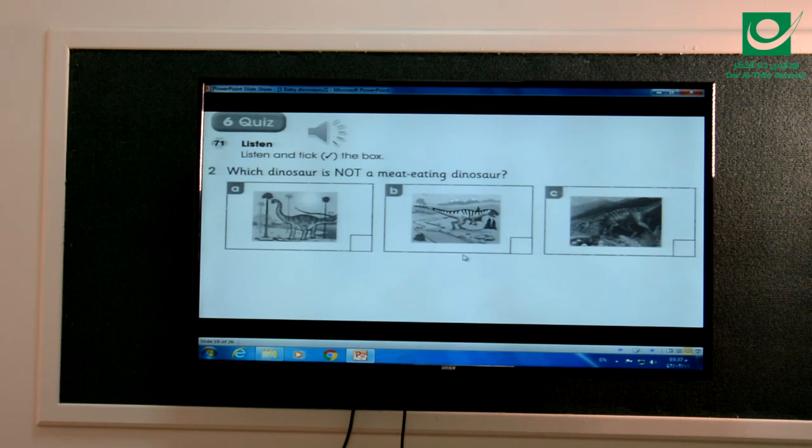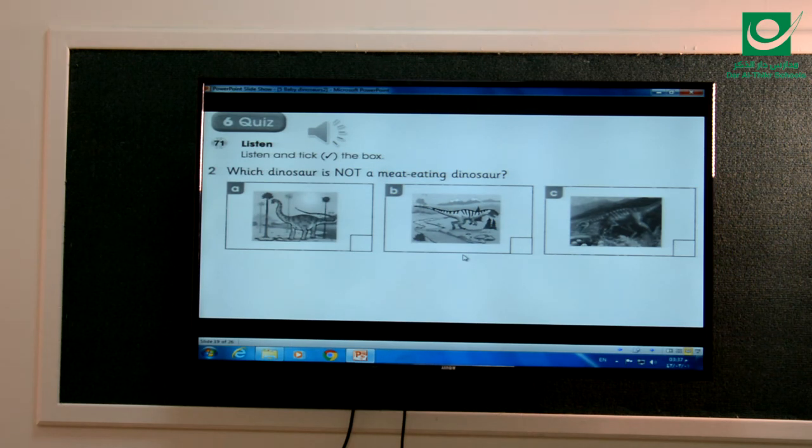2. How can you tell a meat-eating dinosaur from a plant-eating dinosaur? Well, meat-eating dinosaurs could run quickly. They had to run quickly so they could catch their food. All meat-eating dinosaurs could run on 2 legs. Were all meat-eating dinosaurs really big?